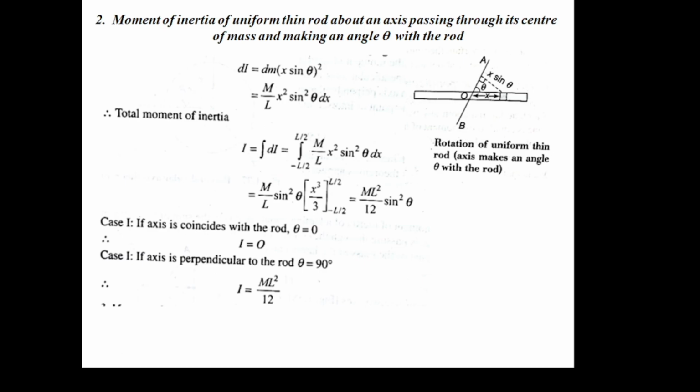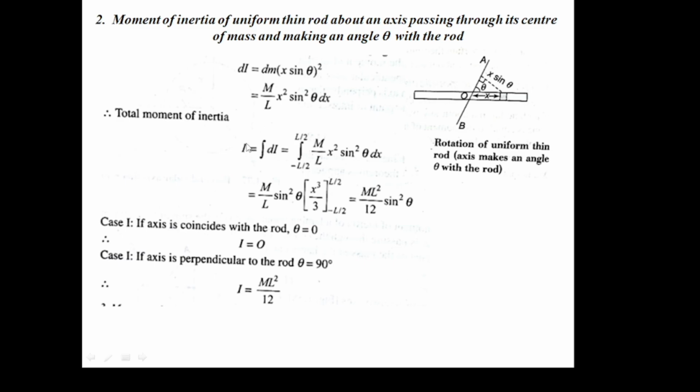So here the moment of inertia of the element dx about AB is dI equal to dm x sine theta whole square, because here the perpendicular distance is x sine theta. So dm x sine theta whole square, and dm is M by L, that means the total mass by total length, into x square sine square theta dx.